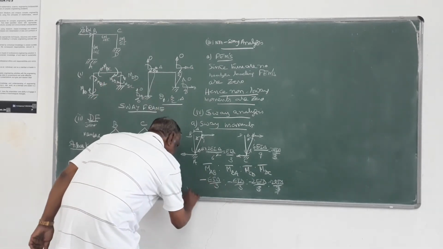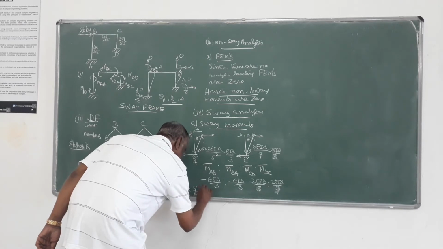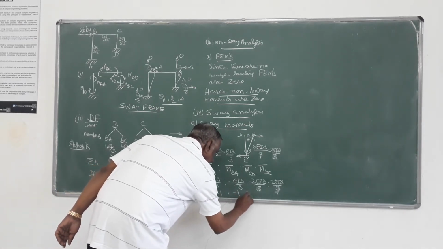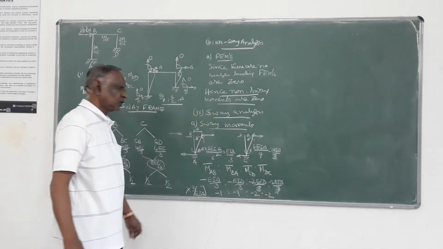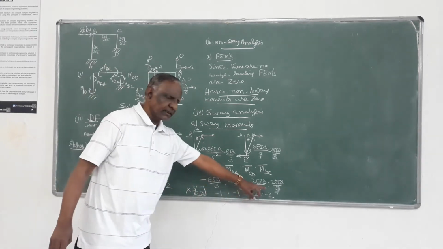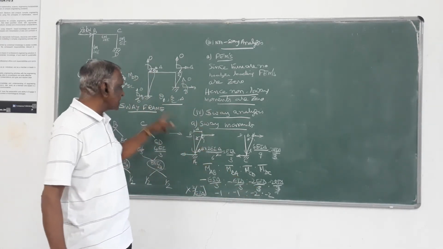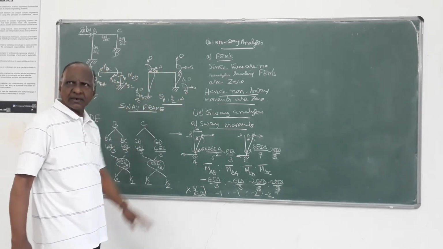If you multiply this by 3 by EI delta, you will get minus 1 is to minus 1 is to minus 2 is to minus 2. So these are the arbitrary sway moments developed in members AB and CD, which undergo arbitrary sway.